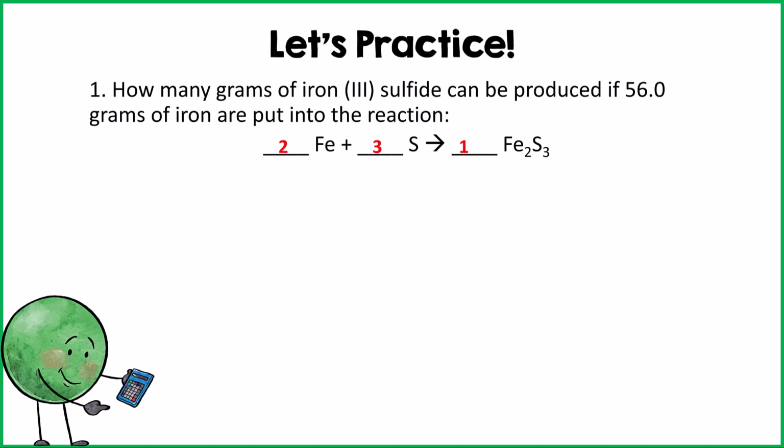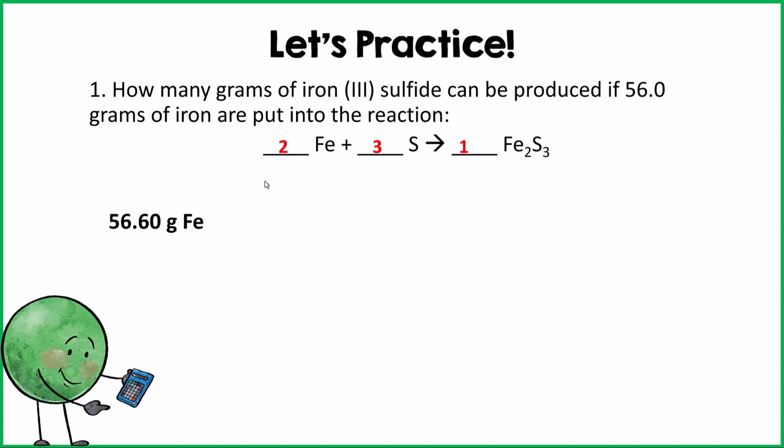Here is your balanced equation, coefficients for your balanced equation. And now we are going to start with our known quantity with mass, so grams of iron. And we're going to then use the molar mass of iron from the periodic table to convert to moles.